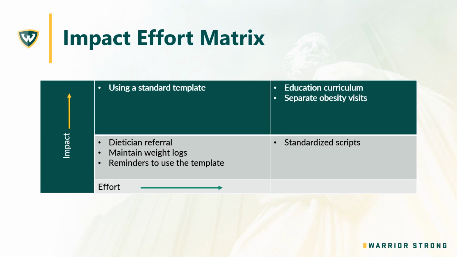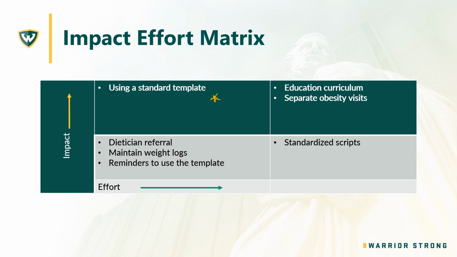To better understand which interventions have the most impact, we used a project management tool called the Impact Effort Matrix. How this works is that we plot all the different interventions in this 4x4 matrix. Anything that has a high impact but a low effort would come under this box, and these are known as quick wins.